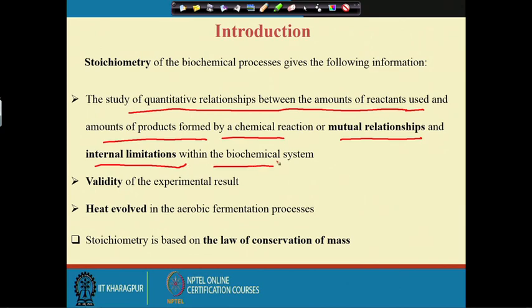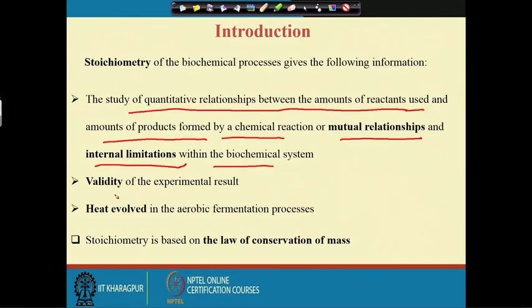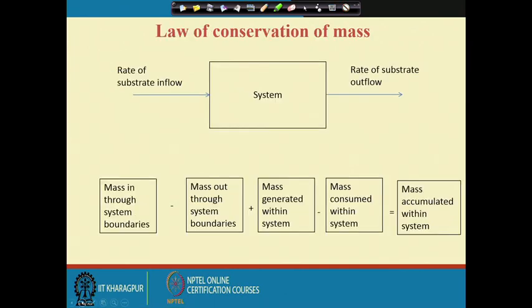That means how much of the substrate molecule gives how much of product, which you can find out theoretically from the stoichiometry. Then the validity of experimental results, and the third one is the heat evolved, particularly in the aerobic fermentation process. Now, what do you mean by the law of conservation of mass?